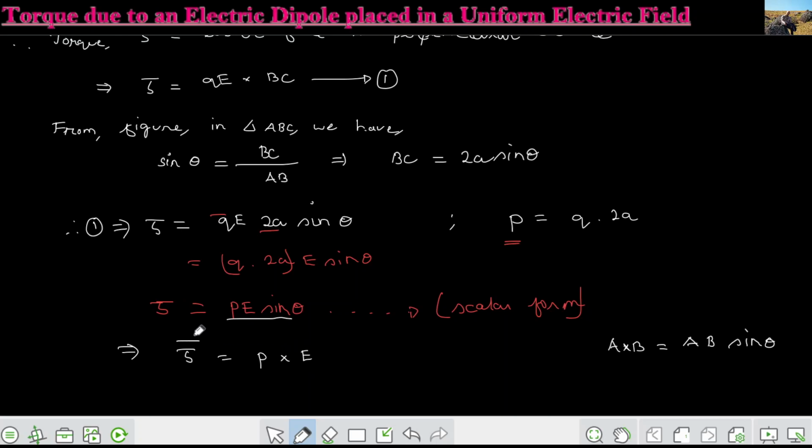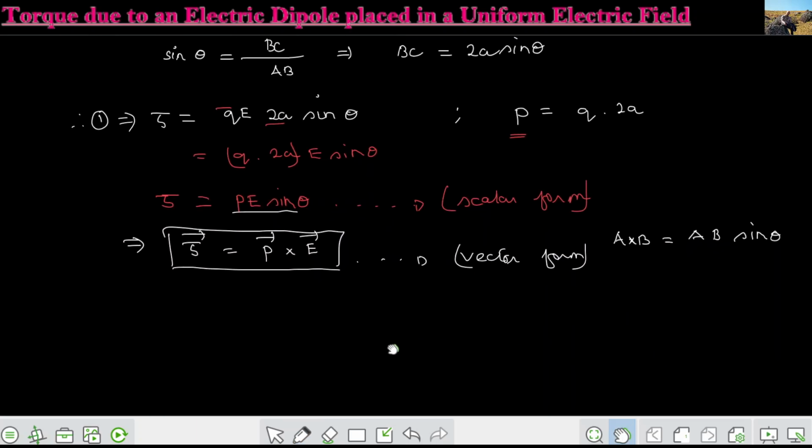Torque is a rotational force. So this is the reduced equation: tau equals p cross E. This is torque in terms of vector form.